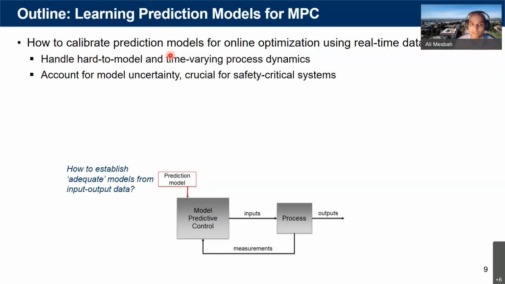And another key consideration to keep in mind here is that handling uncertainties in this context is extremely crucial, again, for safety-critical systems, for example, biomedical applications, energy systems, and so on. So as we control the system in this unknown, uncertain setting, we want to make sure that we respect the constraints of the system in a robust manner, meaning that we want to mitigate any undesired, unwanted constraint violations.